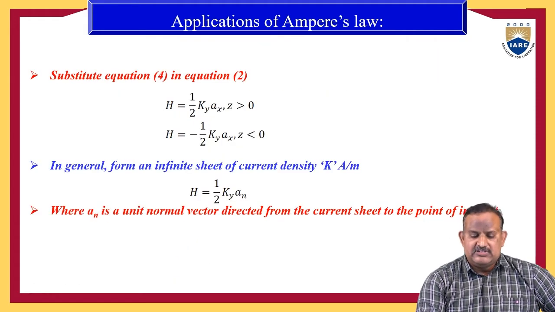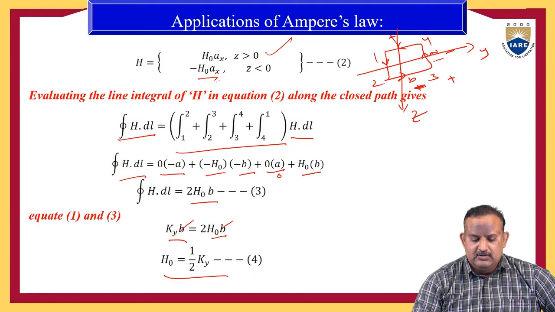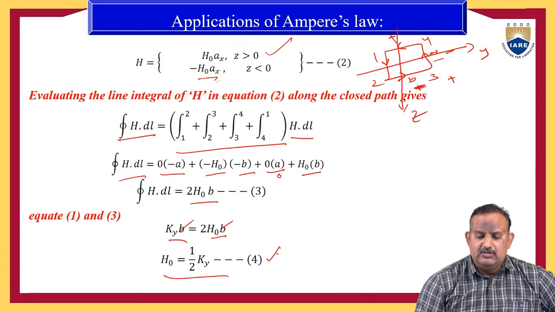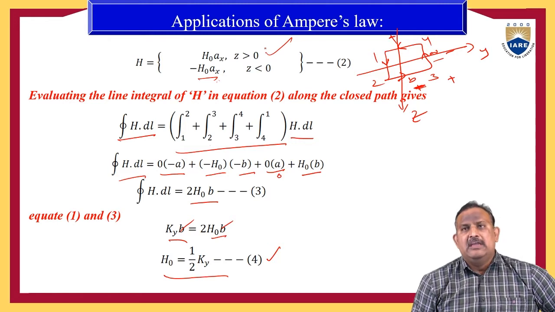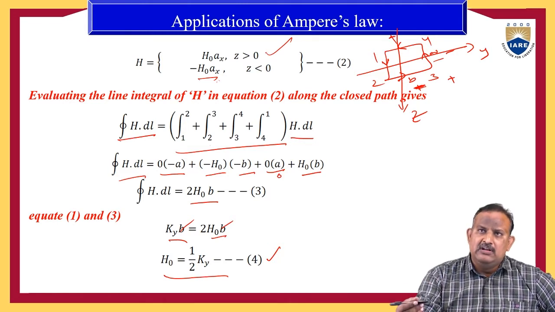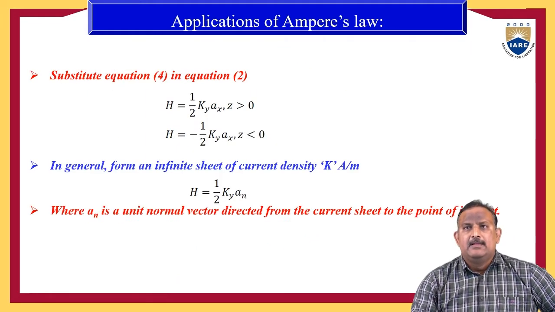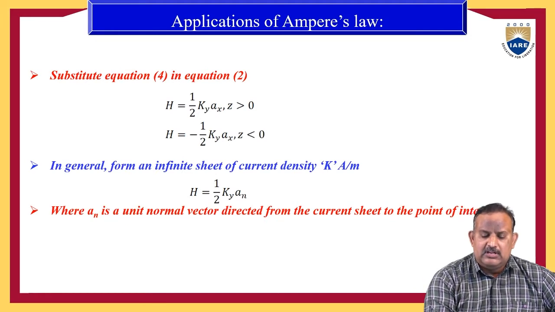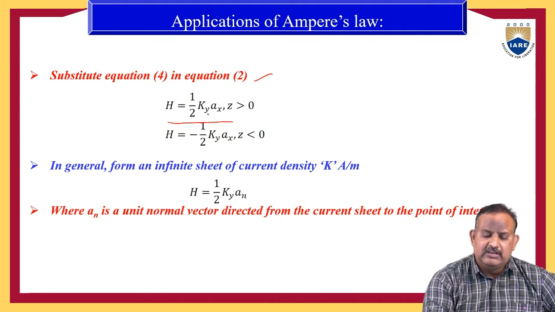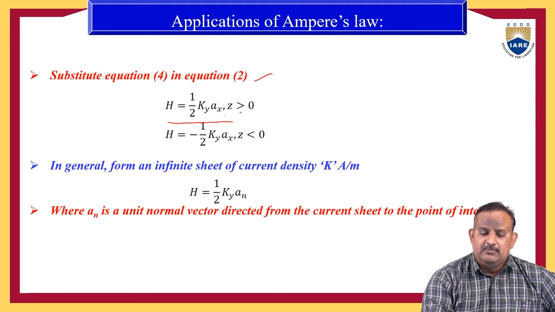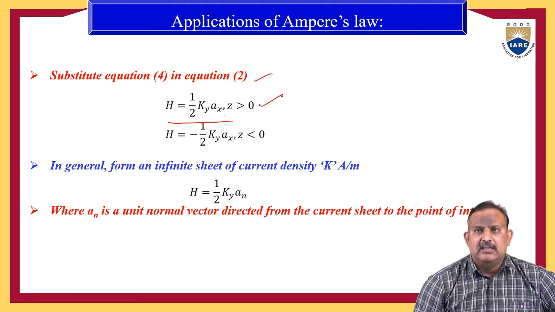If we substitute equation 4 in equation 2, we can find the magnetic field intensity for the positive quadrant as well as the negative quadrant. The magnetic field intensity for the positive quadrant is half Ky into ax, where z is greater than 0.